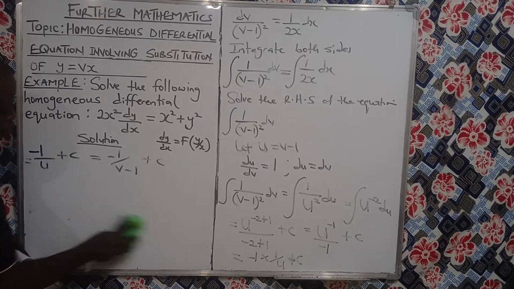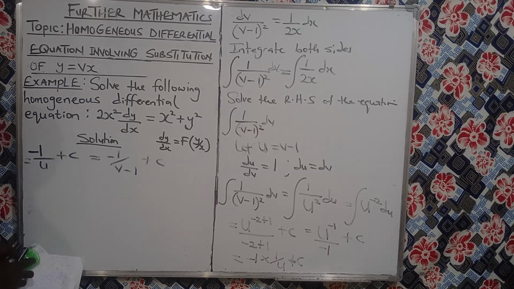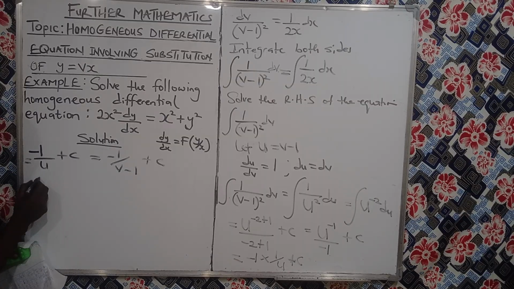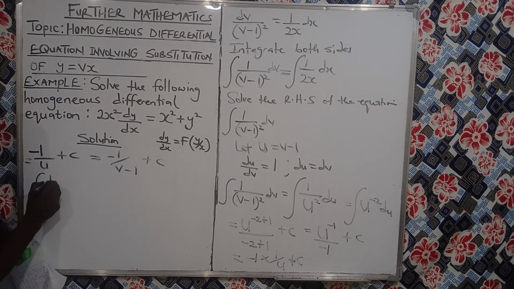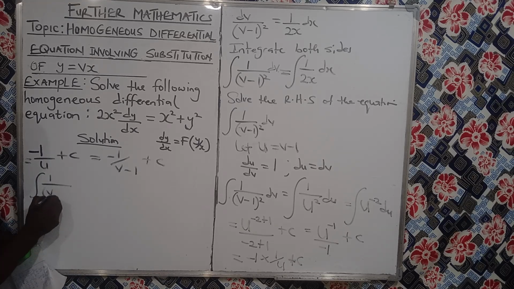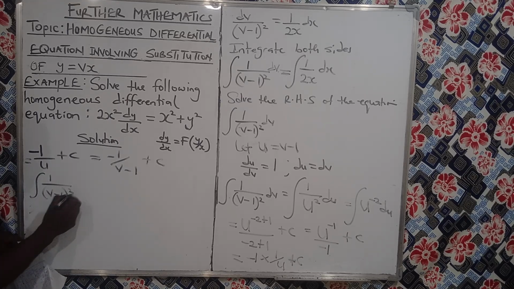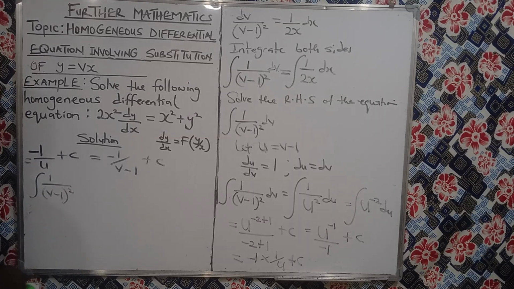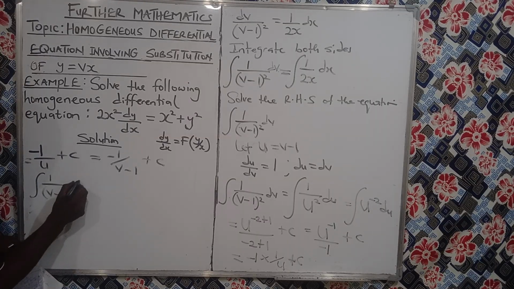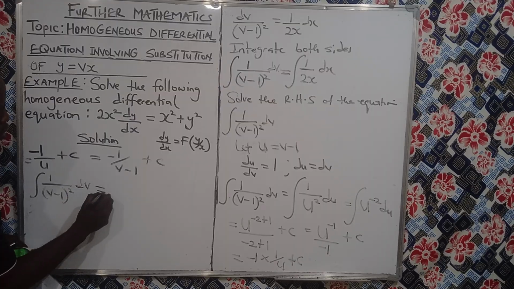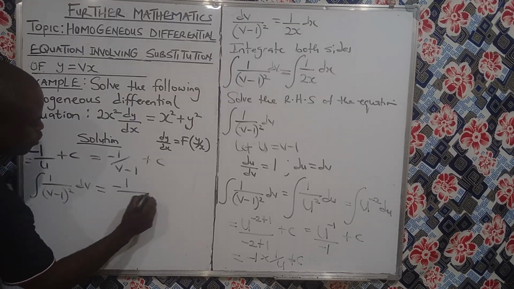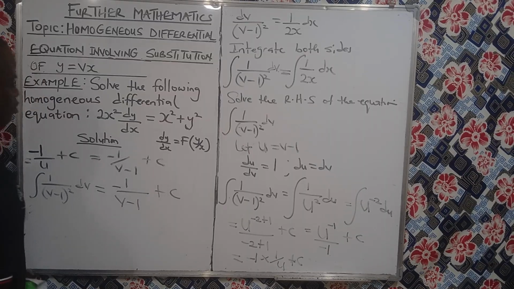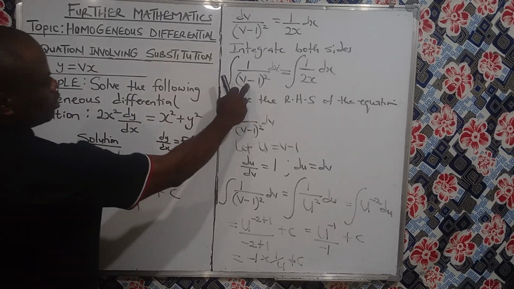What you now say is that the integral of 1 over (v minus 1) squared dv equals minus 1 over v minus 1 plus c. Now I go back and replace it.